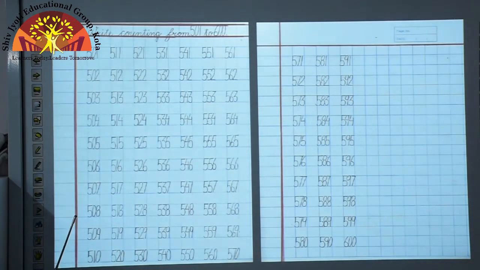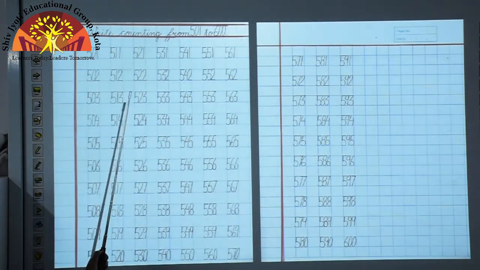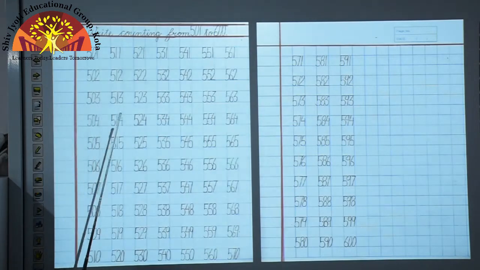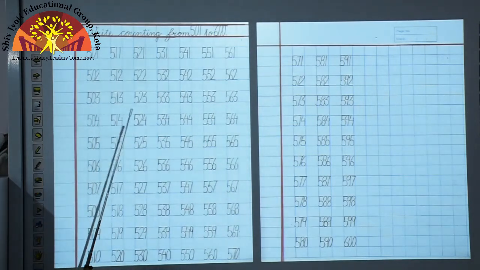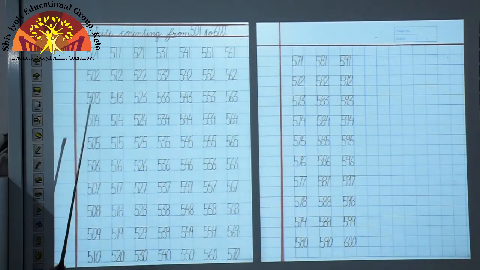Now what will come? 511, 512, 513, 514, 515, 516, 517, 518, 519 and then 520.